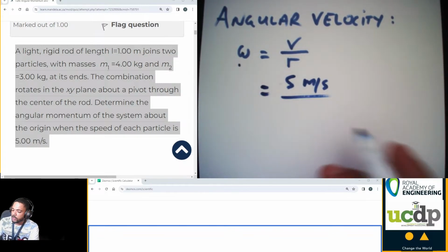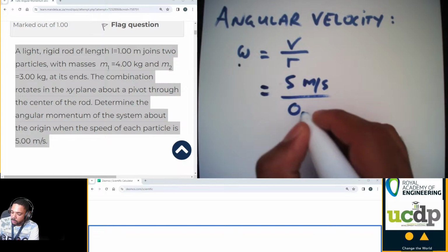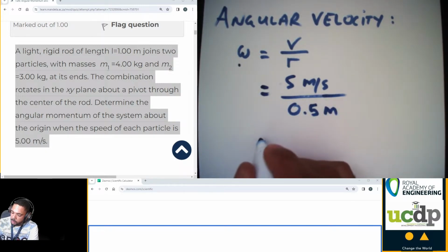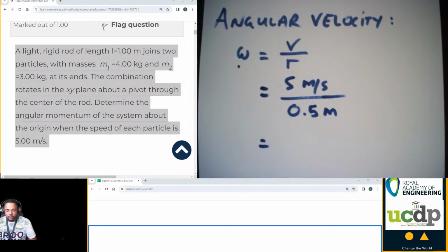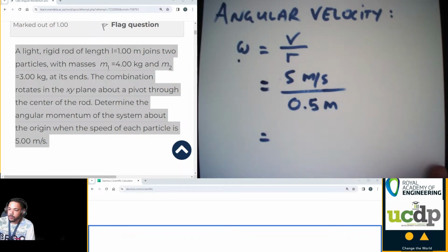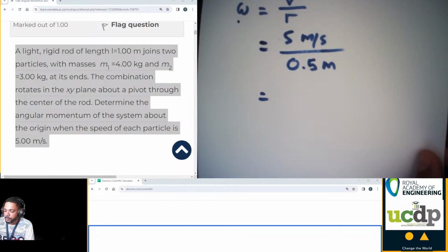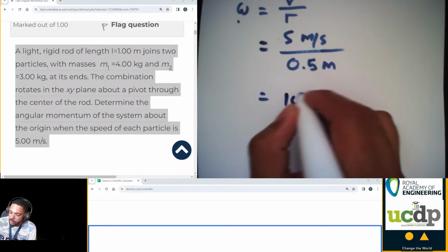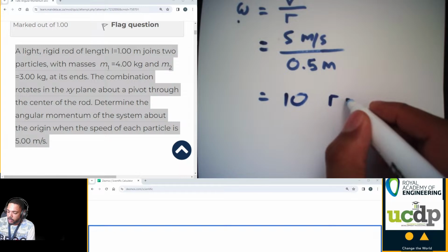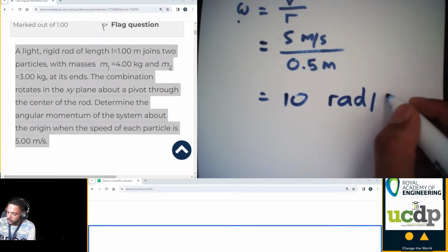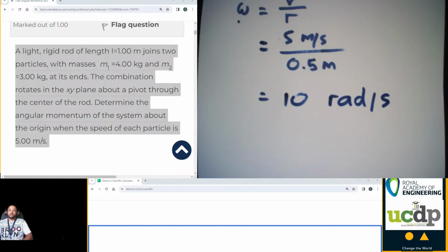So the linear velocity divided by the radius, which is 0.5 meters, will give us an angular velocity of 5 divided by half, which is 10. Now angular velocity has units of radians per second.